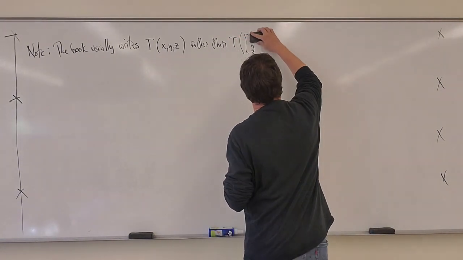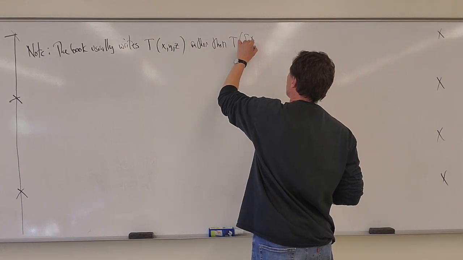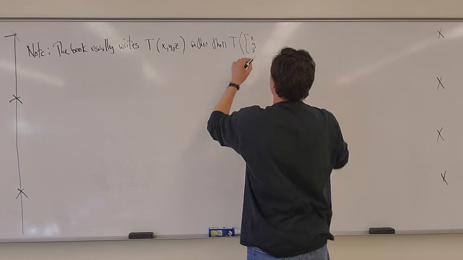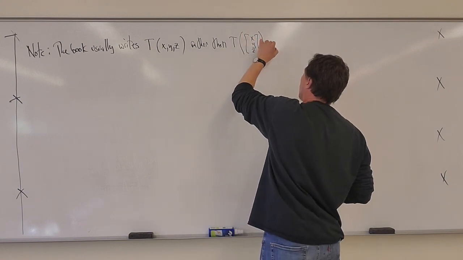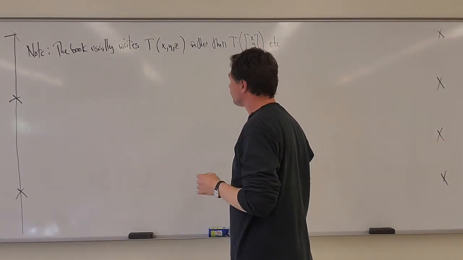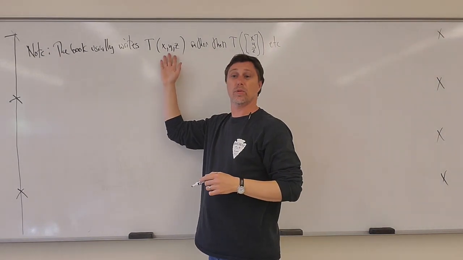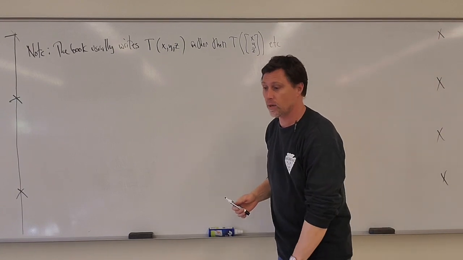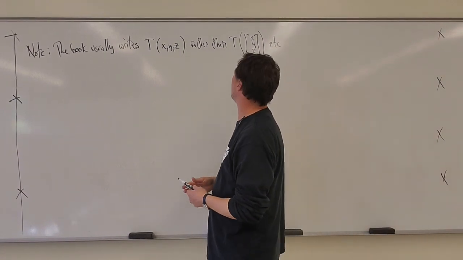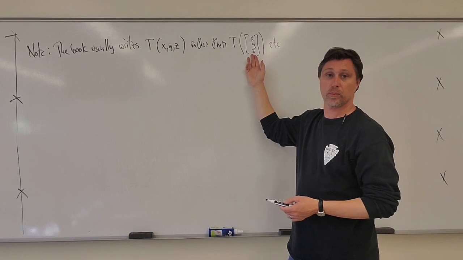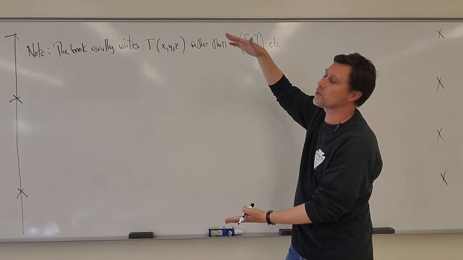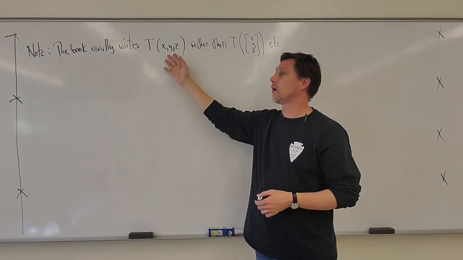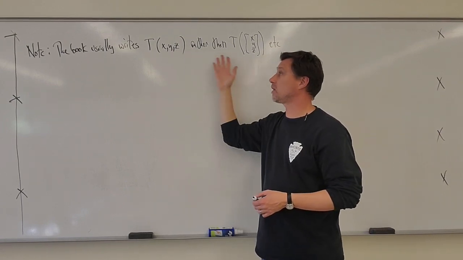So what you need to be able to do is go back and forth easily between triple notation and column vector notation. It's all the same thing, but if in the book you wrote column vectors all the time when plugging them into linear transformations, it would take up so much more space. So to conserve space, it's written this way. You should be able to go back and forth between these two notations.